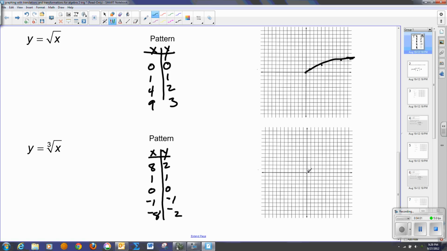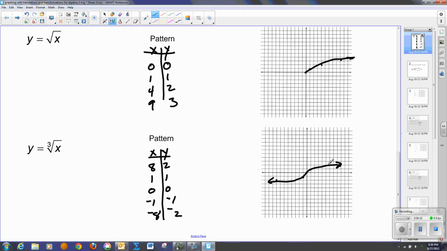Graphing that, there's (1, 1), and (8, 2). Roughly here, there's (-1, -1) and (-8, -2). So we're coming around, swinging down like this. Okay, so these are all the parent functions that I'm going to hold you responsible for up to this point.